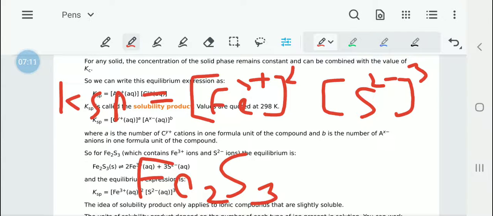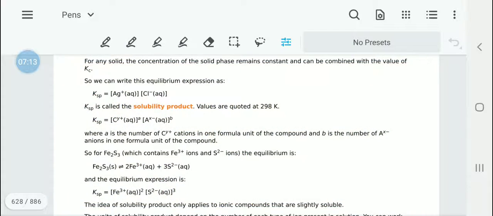I hope that makes sense to you. So that is the Ksp equation.